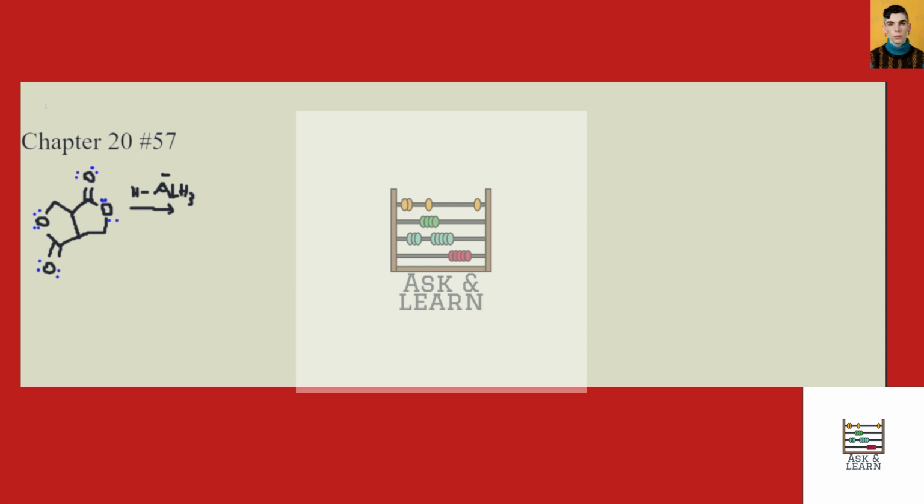So the first thing that's going to happen is delivery of the hydride as a nucleophile to the electrophilic carbonyl carbon. And so the result of that first step is going to be something like this. This part of the molecule is not affected by that first step. And then the other ring will look like this.